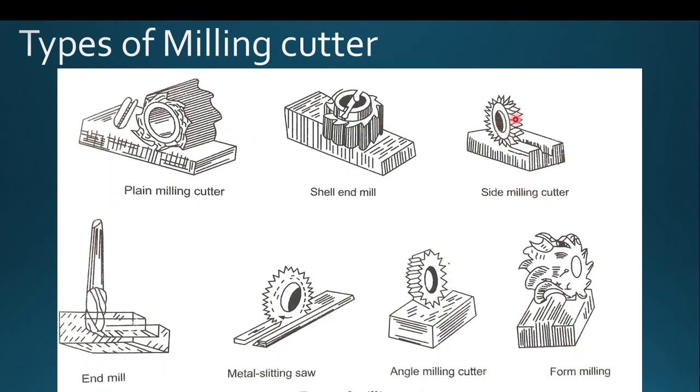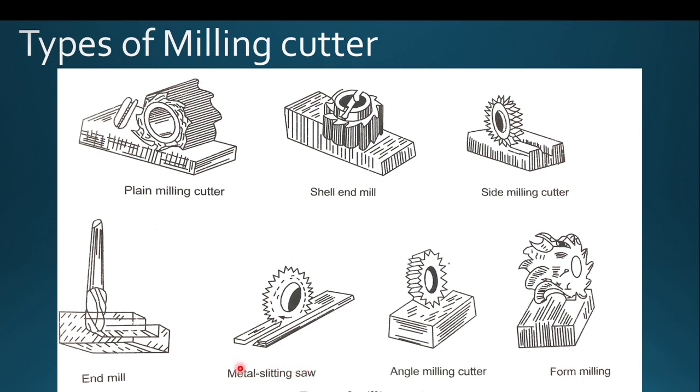The side periphery of the milling cutter is used as cutting edges to machine the side surface of your workpiece. And this one is the end mill cutter. Its appearance is very similar to a drill bit, but it's not actually a drill bit. By using this end mill cutter we can perform slot cutting.